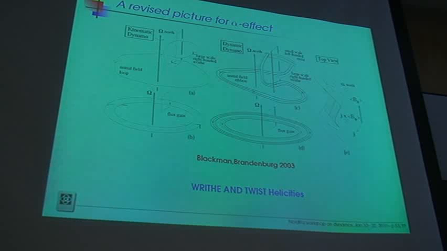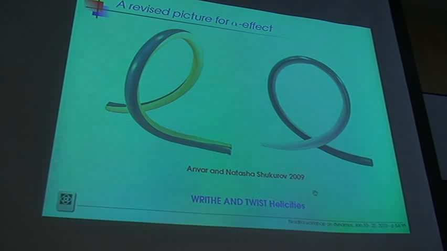So helicity is conserved. The helicity in this context was nearly zero, and whenever you generate some mean field helicity, at least in this picture, you will generate an oppositely signed twist helicity associated with the small scale field.